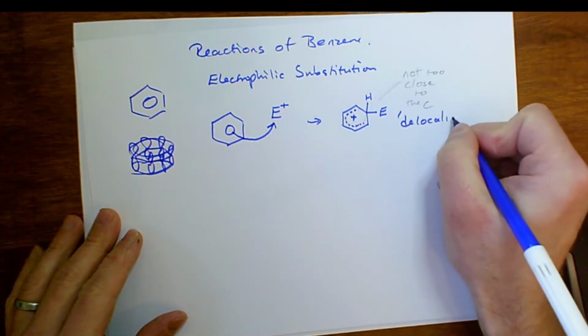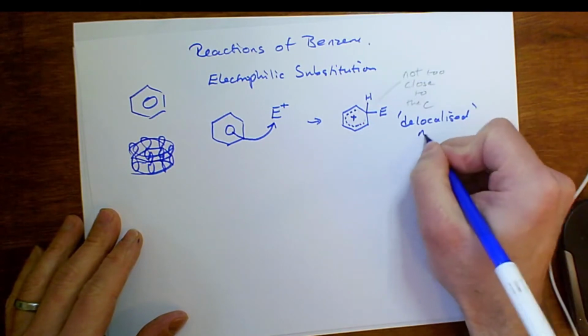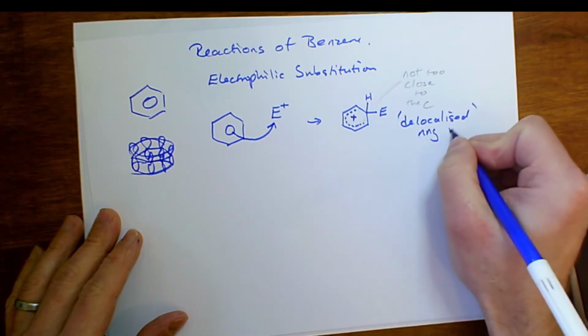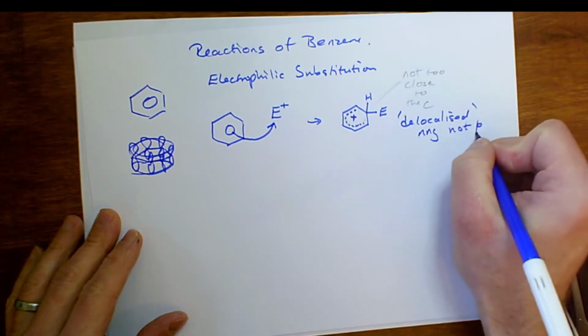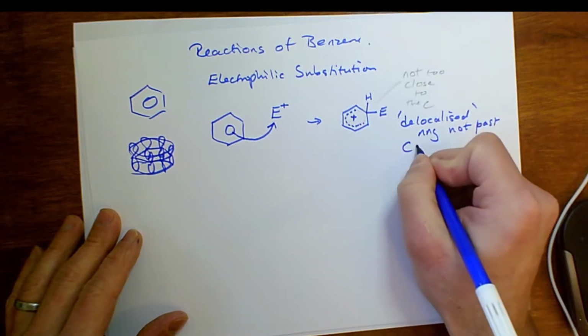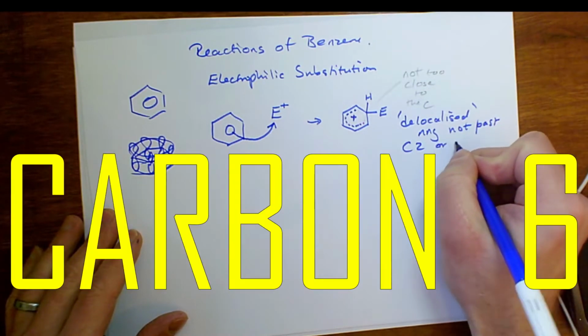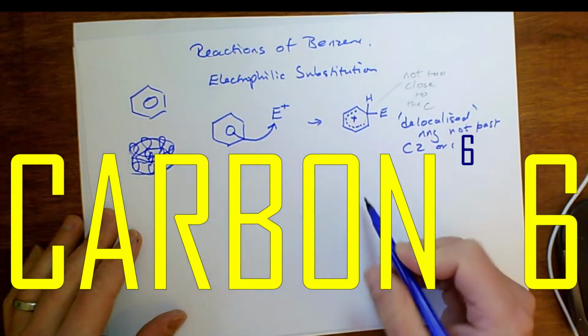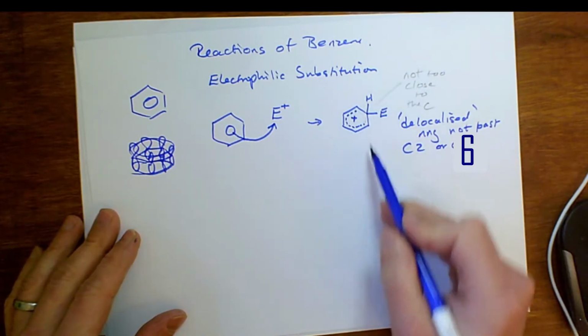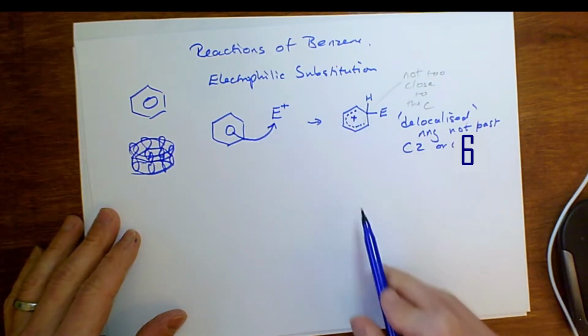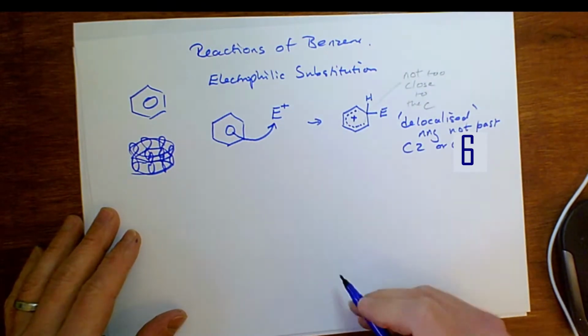So my broken delocalized ring, not past carbon 2 or carbon 5. So that's carbon 1 that I'm calling here. So 2 and 5. So keep it tidy there.